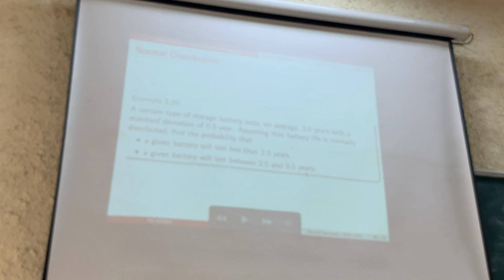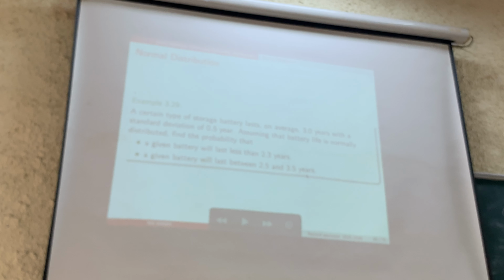So we want to find P(X smaller than 2.3). You only apply this formula. The exercise about normal distribution is very easy because we only write the formula and then replace the parameters in the formula. We obtain the result.